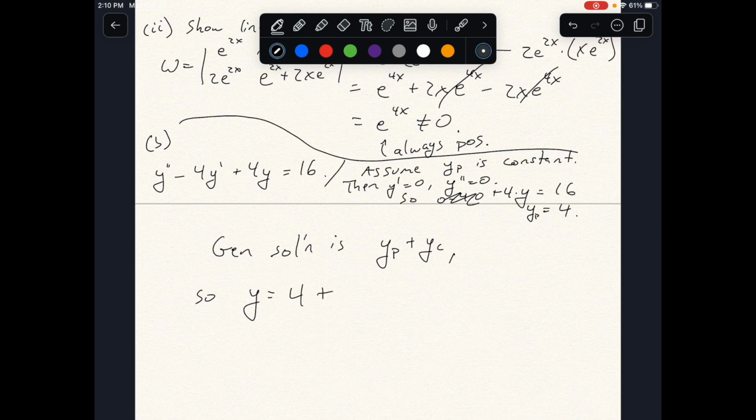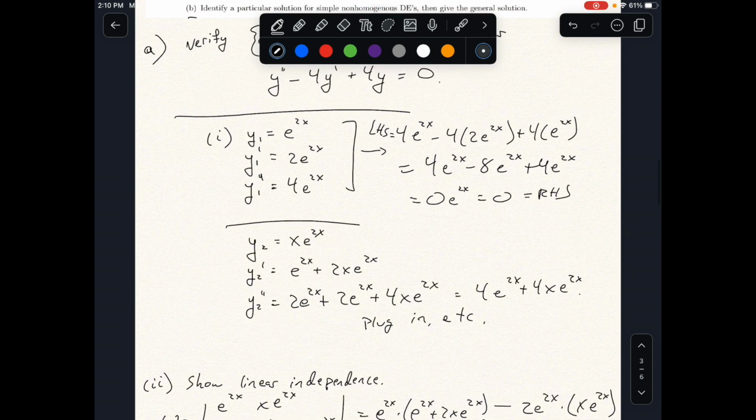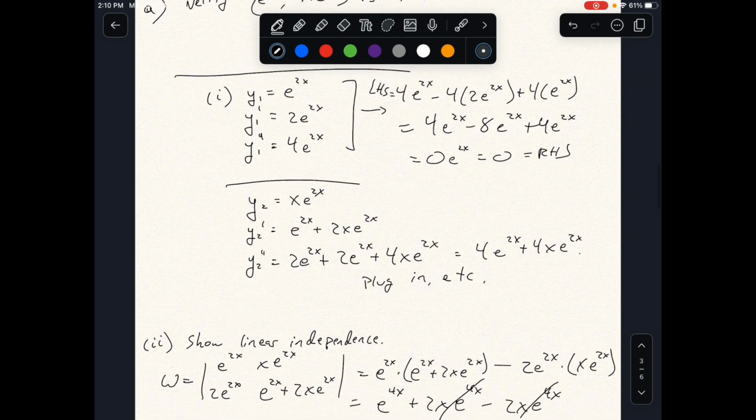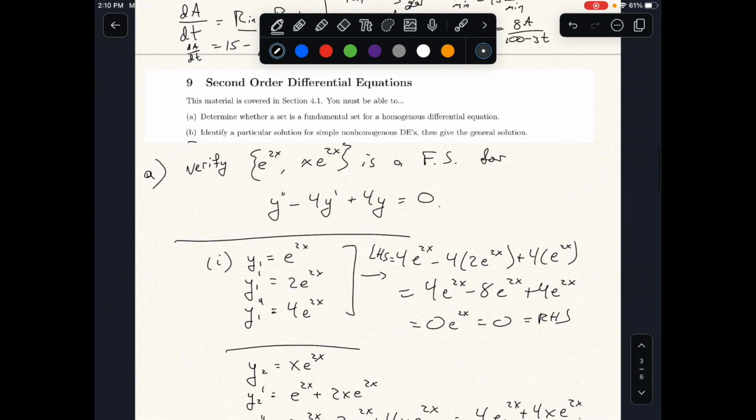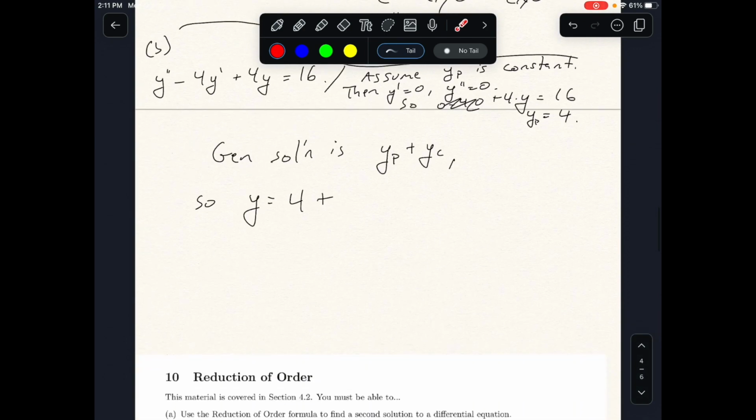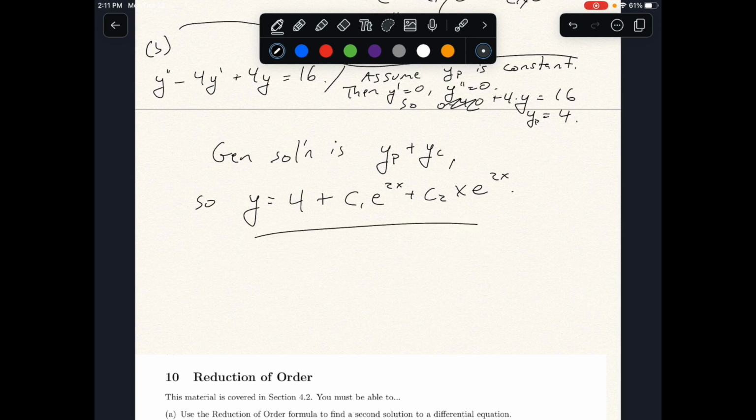Our work from part A basically tells us what the complementary solution is, because if we know that y1 and y2 form a fundamental set, then our complementary solution is going to be c1y1 plus c2y2. So we'll get c1 e to the 2x plus c2 times x e to the 2x. So that's our general solution.